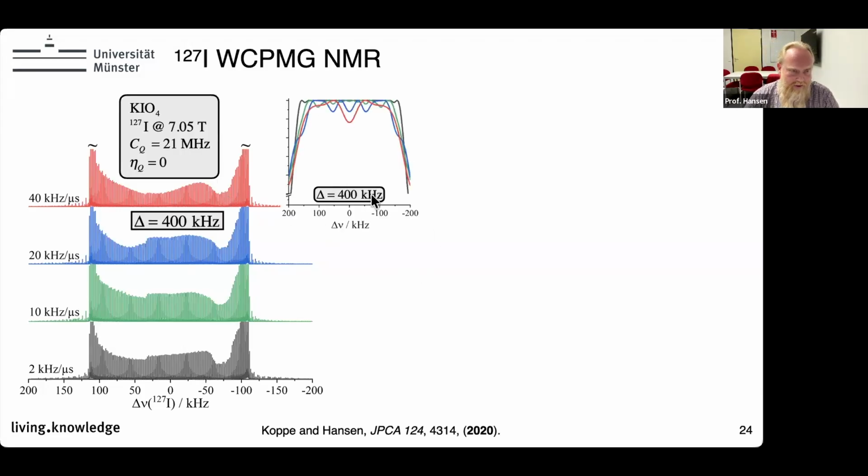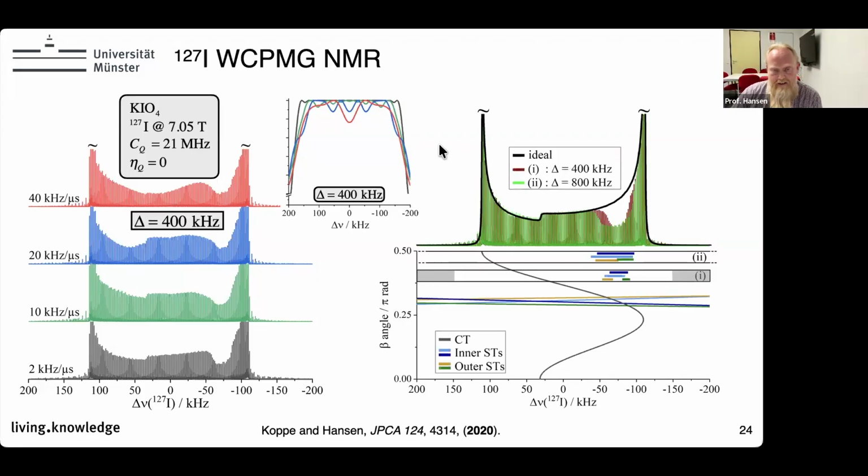Now again, for 400 kilohertz, let's remember this profile depends on the bandwidth of the WURST pulse that you have. And here is another comparison between two different pulses, a WURST pulse with 400 kilohertz bandwidth and one with 800 kilohertz bandwidth. Again, the 400 more or less fits around the quadrupolar line shape.